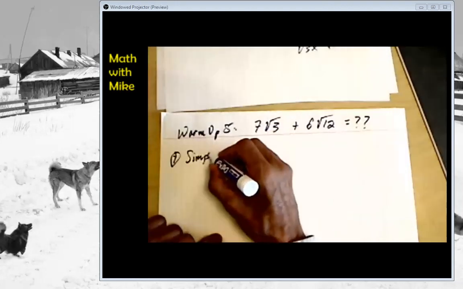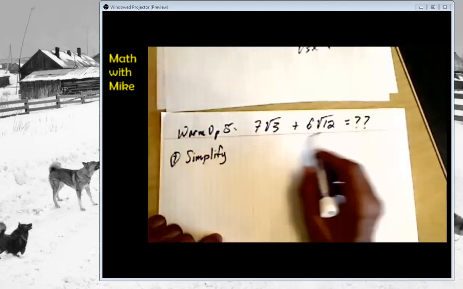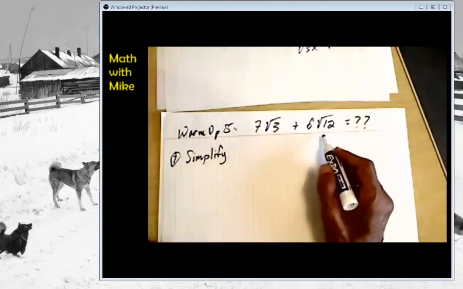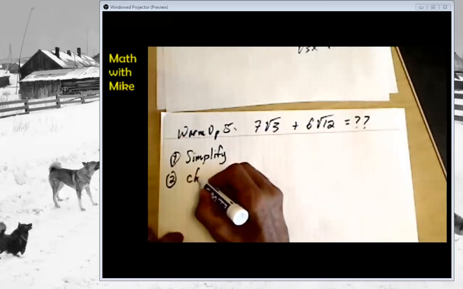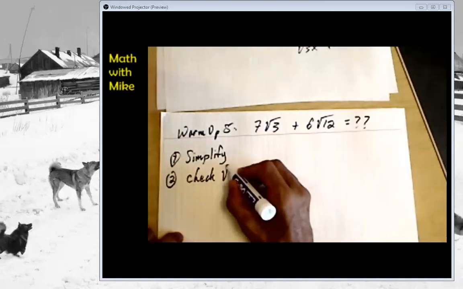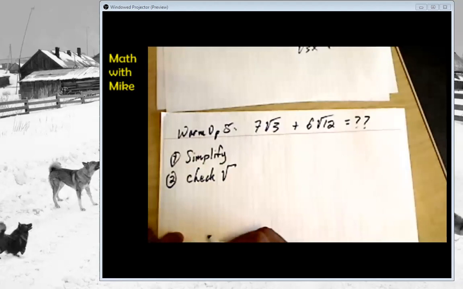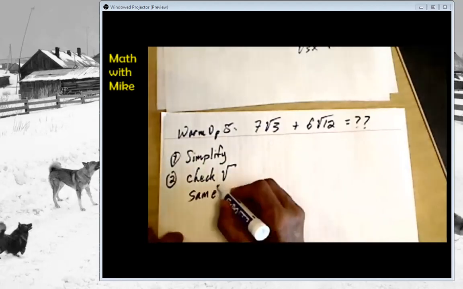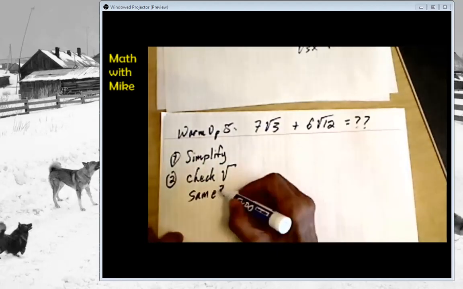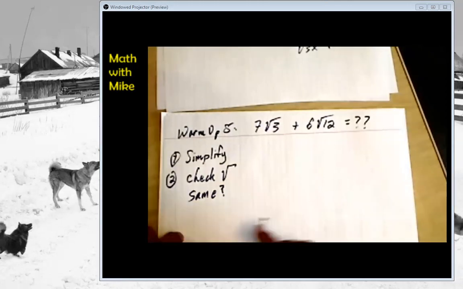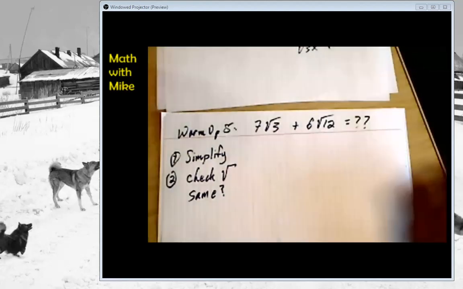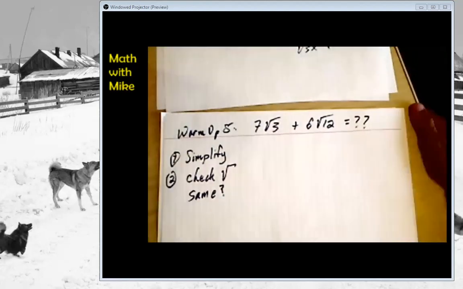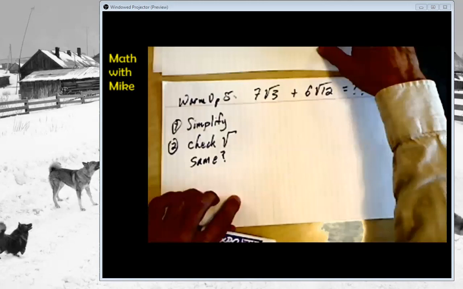Okay, so you see that root 12 over there? That's pretty big. We can do something with that. And then what you do is you check the square roots afterwards to see if they are the same or not. Okay, so what does the 12 turn into when you simplify it, like the last question? 3.